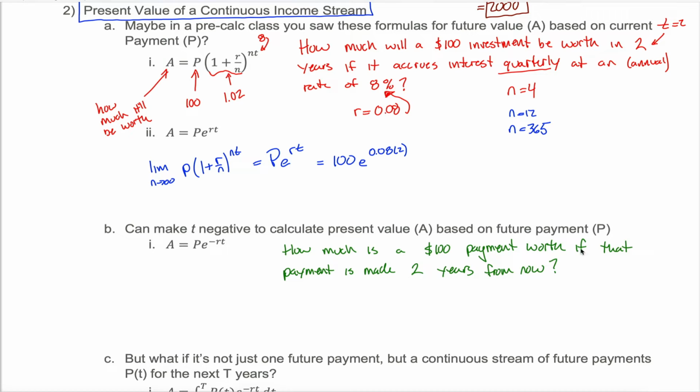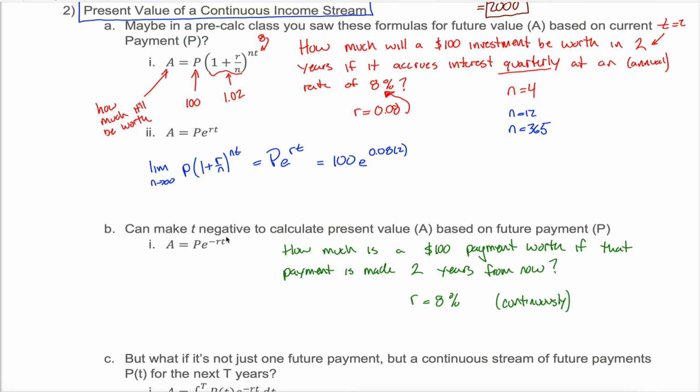What I'm saying is if somebody asked you how much a $100 payment would be worth right now, if that payment isn't going to be made for 2 years, well, what you'd have to do is look at the interest rate. Maybe we can assume that it's still 8%. And you'd have to know how interest accrues. Does it accrue quarterly? Or a more real world situation, does it accrue continuously? And if we assume that interest accrues continuously, then we use the formula that we've seen here.